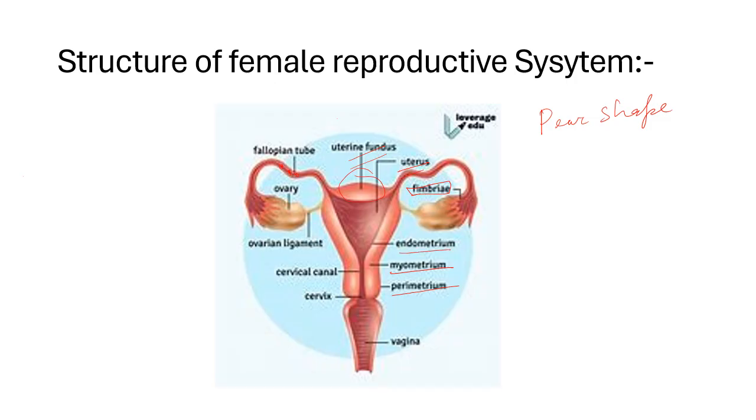Now this endometrium is responsible during the menstrual cycle. Generally, this inner lining sheds in the form of blood, leading to menstruation. The uterus provides an environment for the implantation of the fetus and promotes the development of the fetus.